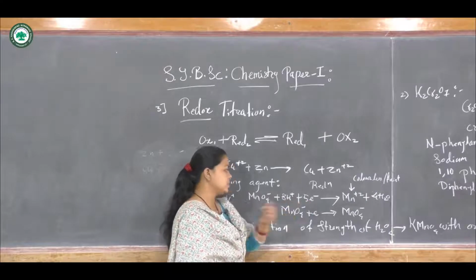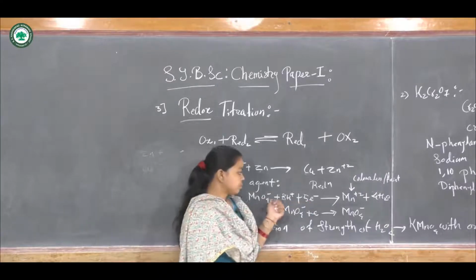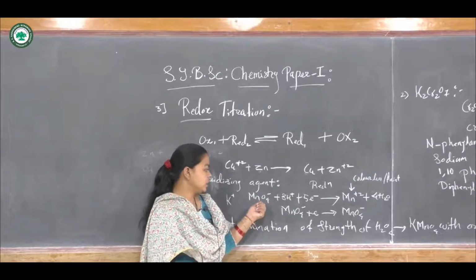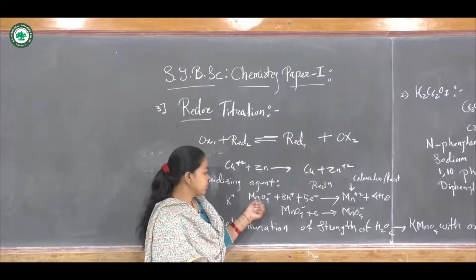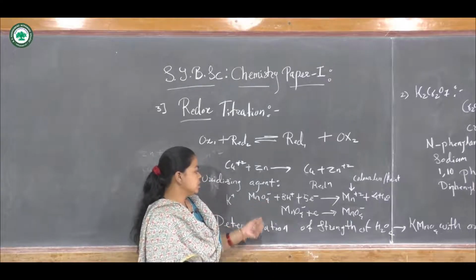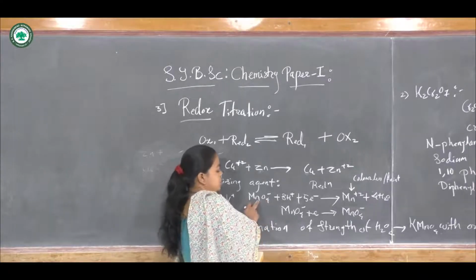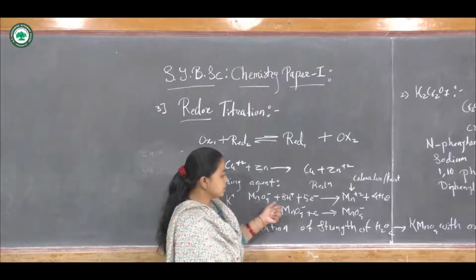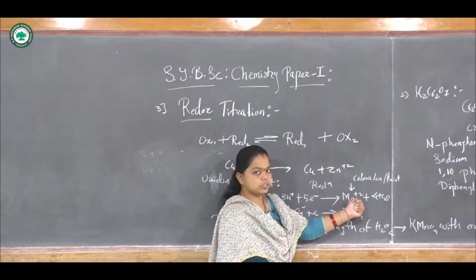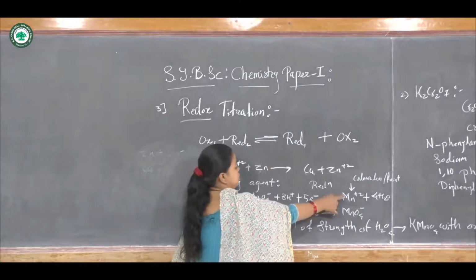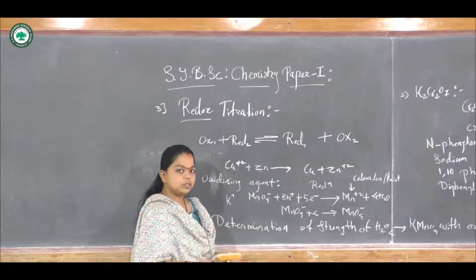Manganese in MnO4 is in the +7 oxidation state, and it gets converted into the +2 oxidation state. So this reduction occurs, +7 to +2.